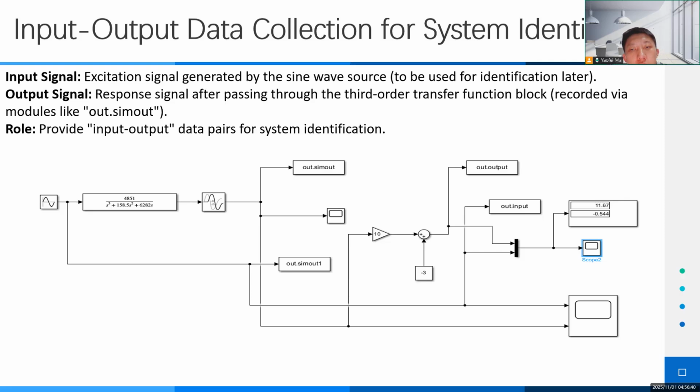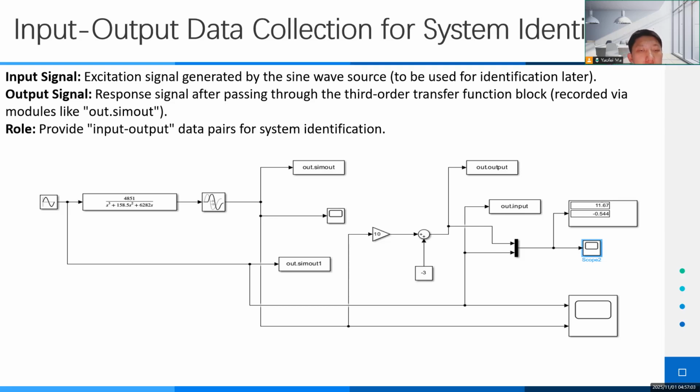We will use this signal later to identify the system. Output signal. This is the response signal after the input goes through the third-order transfer function block. We record the signals using tools like the To Workspace block in Simulink.